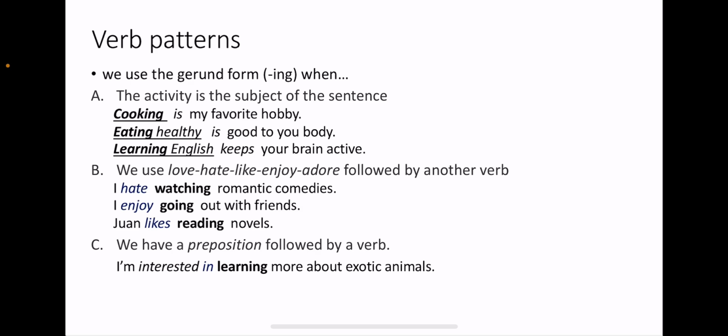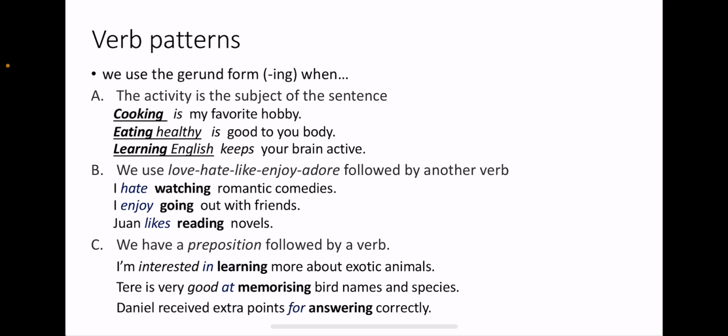That's incorrect. We use the verb, but we put it in ing because we have a preposition. So I'm interested in learning more about exotic animals. Tere is very good at, preposition and then gerund, memorizing bird names and species. And Daniel received extra points for, that's the preposition, answering correctly.